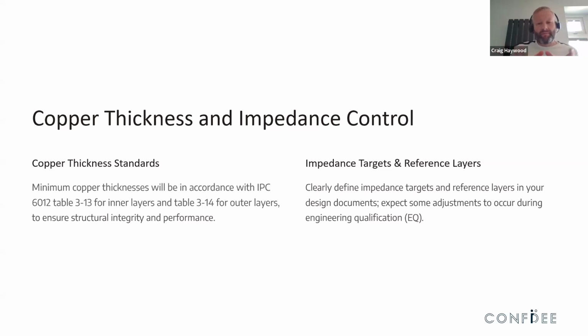So bear in mind that just because you specify a 35 micron outer layer thickness, it might not finish at that, but that's all allowed within IPC. Much of what we're asking for here is not actually about manufacturer capability, it's to be within IPC standards. If you receive an IPC qualified board, then we are all happy.